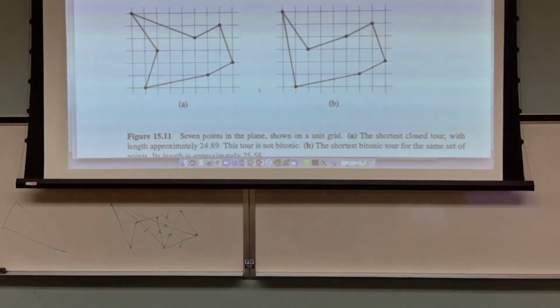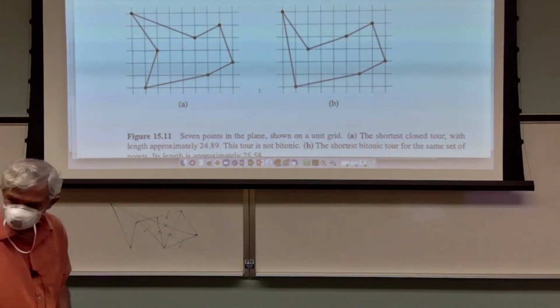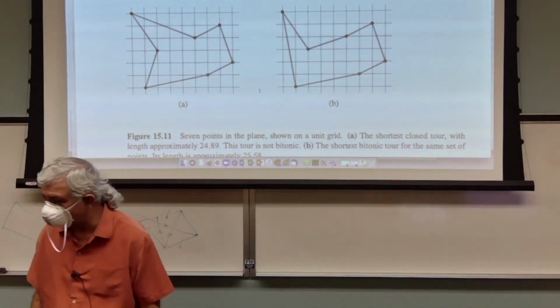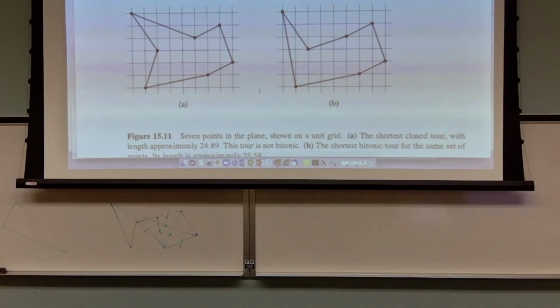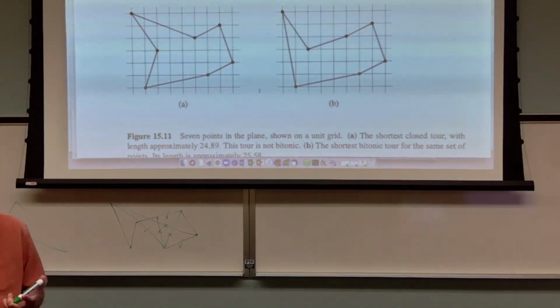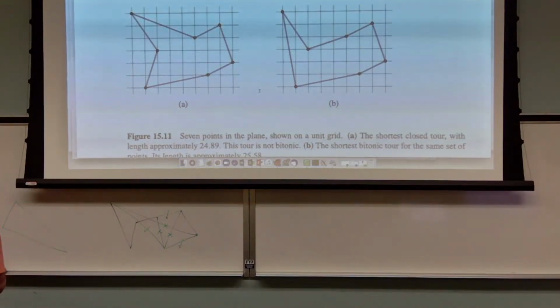Are you ready for some clues? If they never overlap, won't there be like a division between one part of the plane and the other? That's a good thought, but that's not necessarily true.